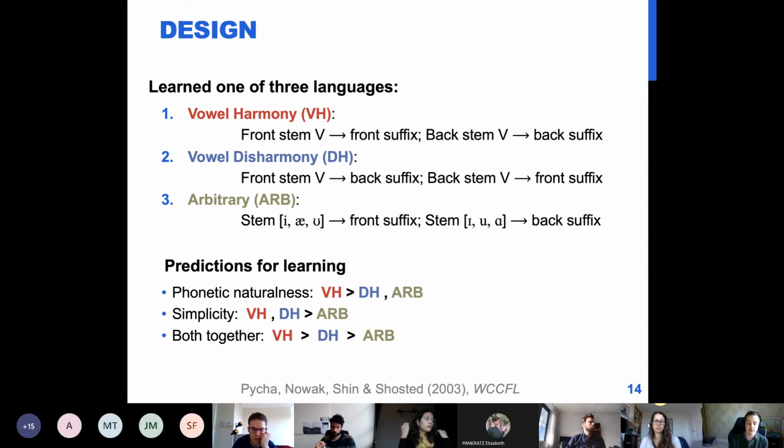The vowel harmony and disharmony patterns only require you to track one feature. The arbitrary pattern requires you to track multiple features. So the arbitrary would be the worst. And if you have both of the biases together, then you would have this stepladder arrangement where vowel harmony is the best, being both phonetically motivated and simple, and arbitrary would be the worst, being unmotivated and not simple.